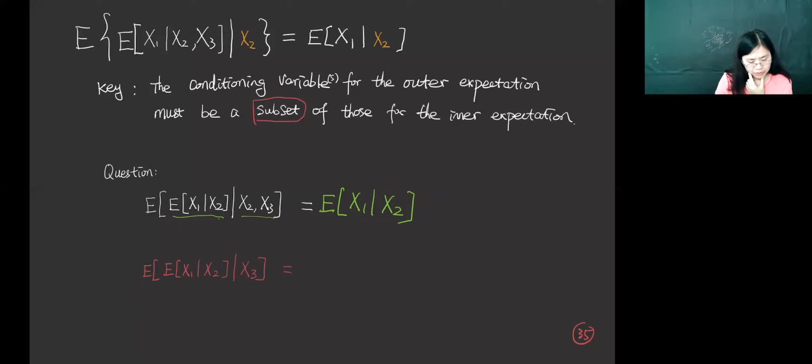The inner conditional expectation is a function of x2, so we are averaging over x2 for all the values of that random variable evaluated at little x2, using the conditional distribution of x2 given x3.